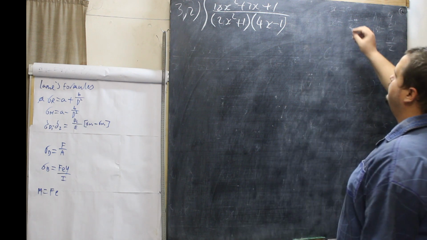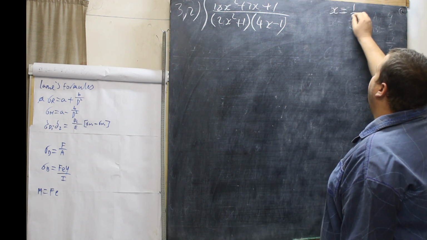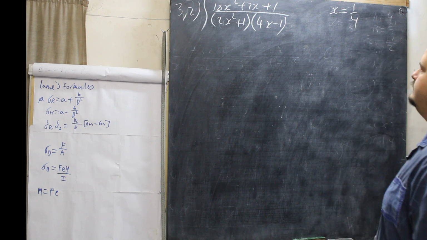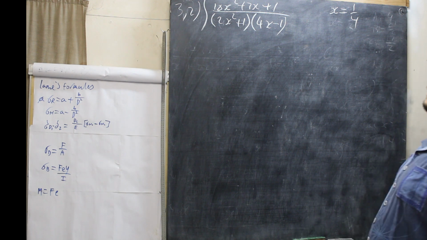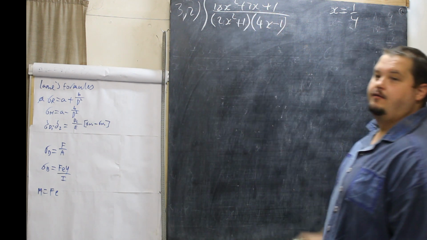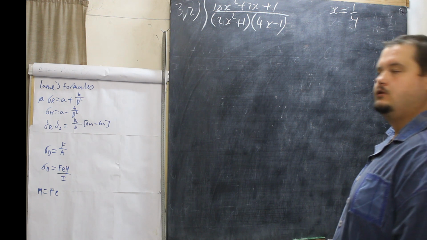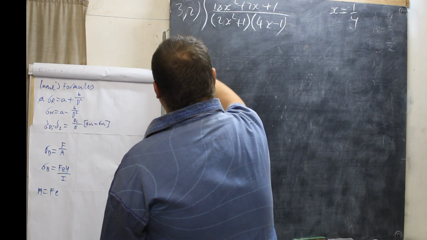Okay, let's do our x's first. X equals 1 over 4. X is a quarter. We cannot do anything with this because we have the squared on the inside of the bracket. So how we solve this is a little bit different.